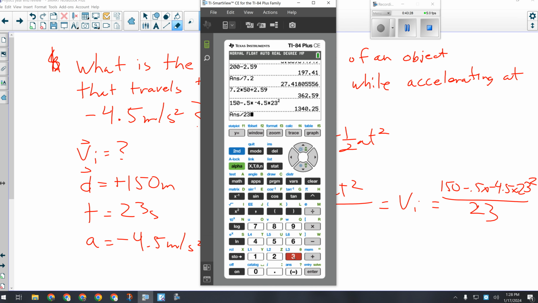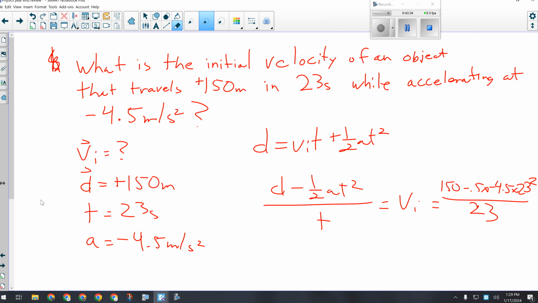And then divide that by 23. All right, so that would be positive 58 meters per second.